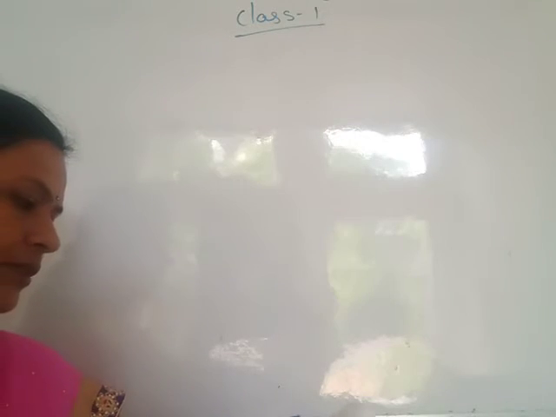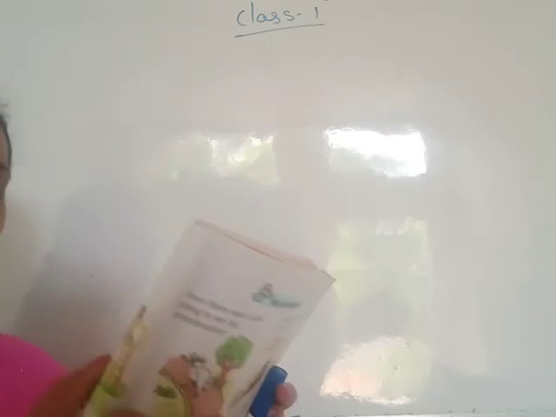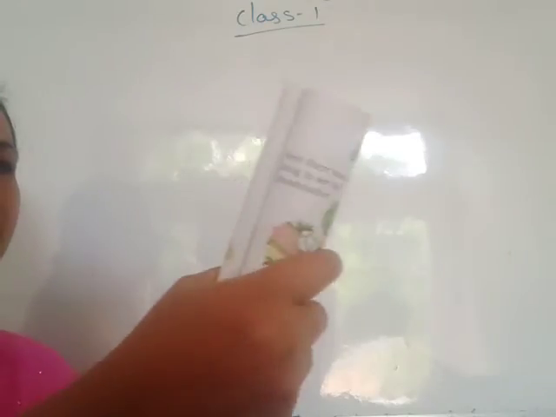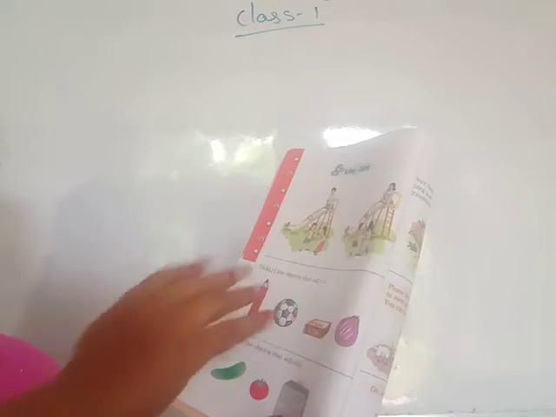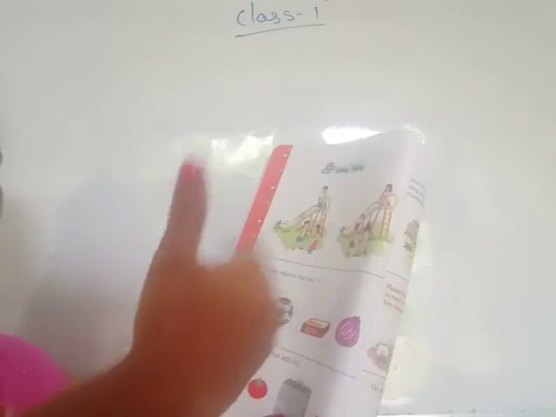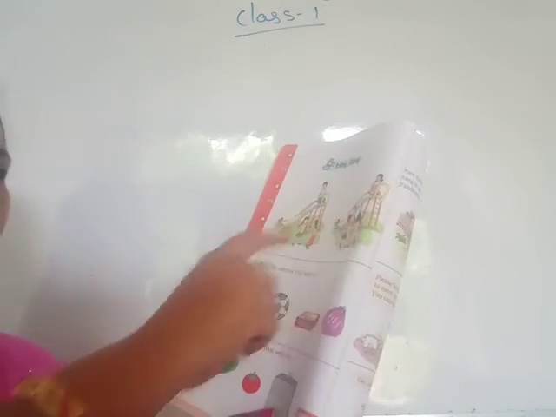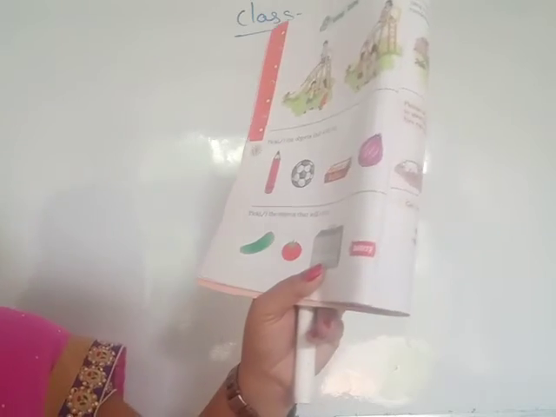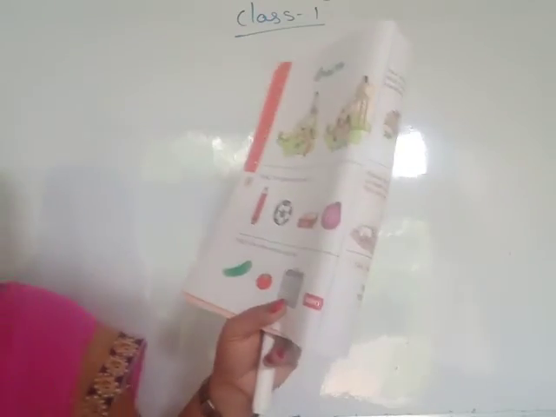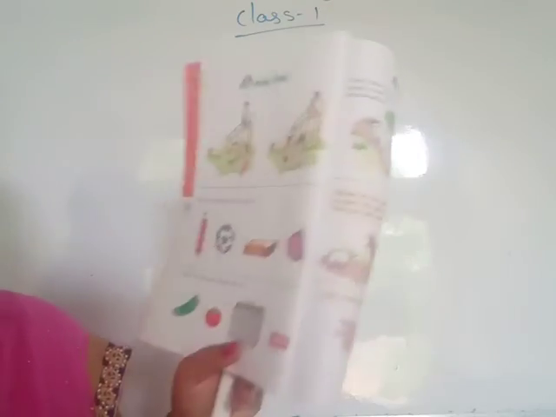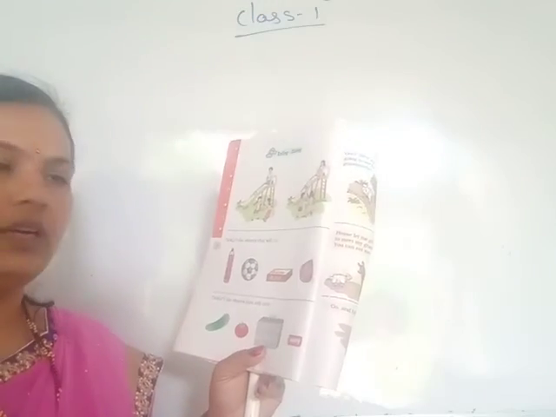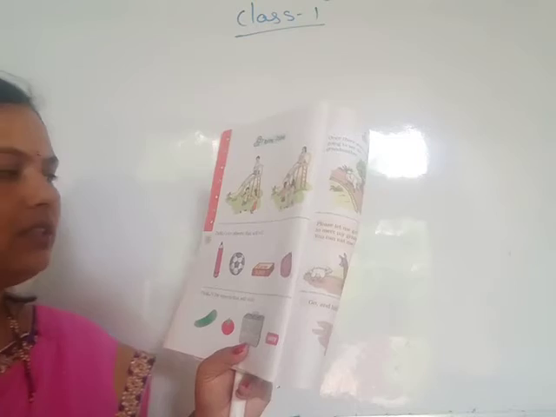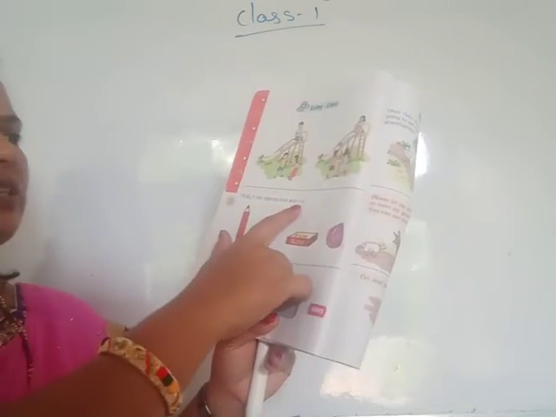Next point is rolling and sliding. Rolling means this type of round shape rolls, and sliding means a flat surface. You see here. Then you take the objects that will roll. Curved surface, this rolls, and flat surface, this slides.